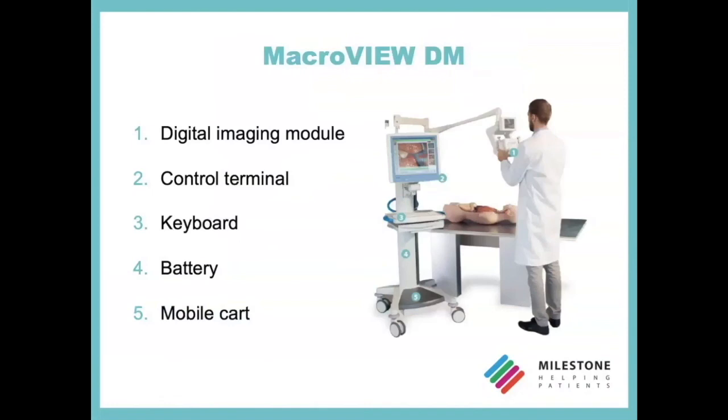This system consists of a digital imaging module mounted on an extensible swing arm that allows smooth movement over the body under investigation, a touchscreen control terminal, a keyboard, and is battery operated and mounted on a mobile cart for flexibility.